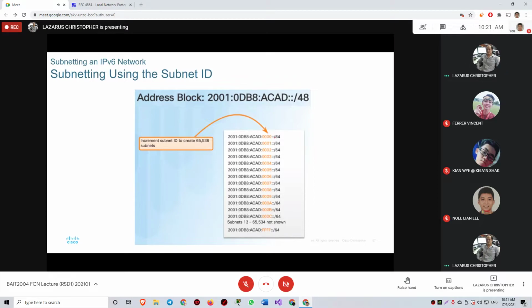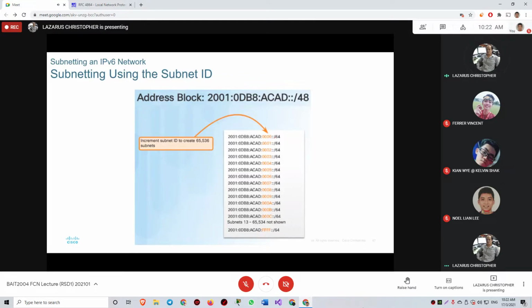So it is a /64 prefix because 48 plus 16 becomes 64. 48 is given to you from the ISP. The 16 bits you can manipulate how you wish. Okay, you have a range between 0000 and FFFF as the range of subnet IDs you can assign to your internal network.